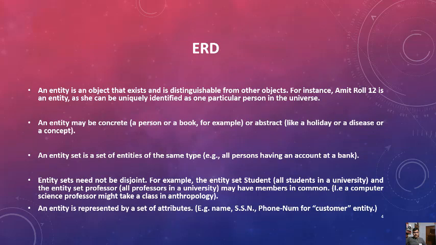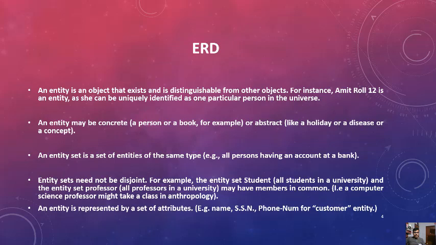An entity set is a set of entities of the same type. So all persons having an account in a bank form an entity set, because all those persons who have an account in the bank have the same characteristics, the same attributes. That's why we call that group of person entities a set of entities.